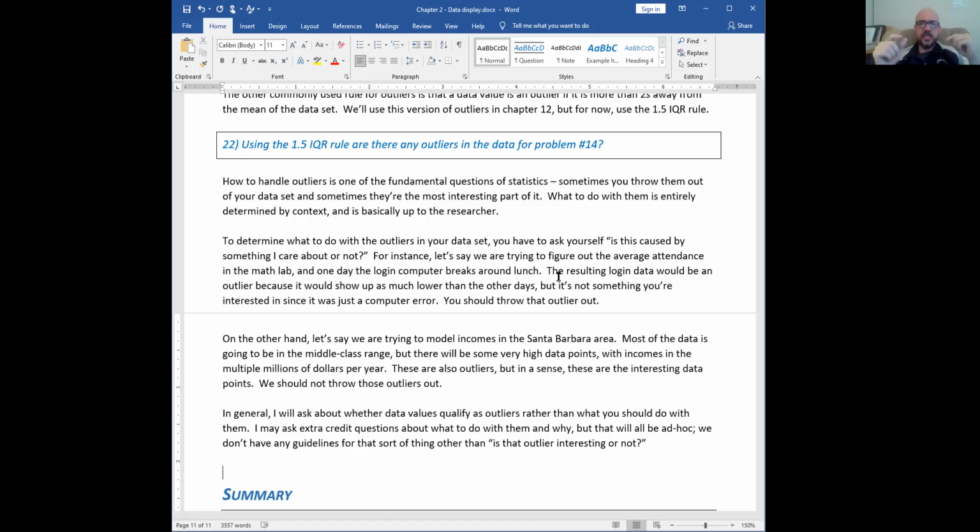Like if you're trying to analyze the data, getting rid of the outliers in this case gets rid of the interesting character of the data, right? The people who make tons of money are often the people that you're going to be most interested in, right? Nobody cares how much money I make, but you might care how much money Ellen DeGeneres makes, right? Because she's just a more interesting person. And so that's an example of where you don't want to throw your outliers out.